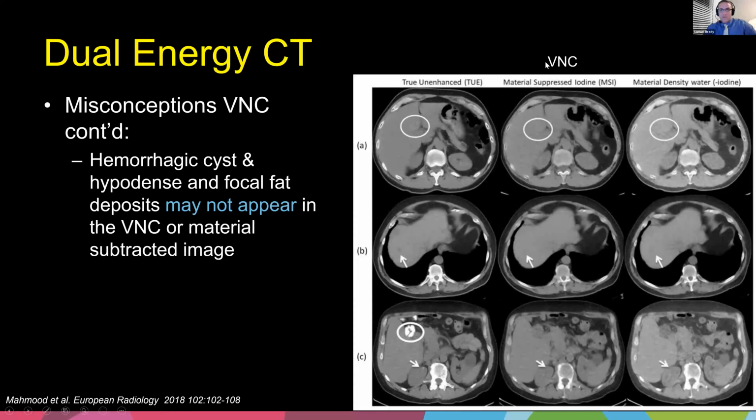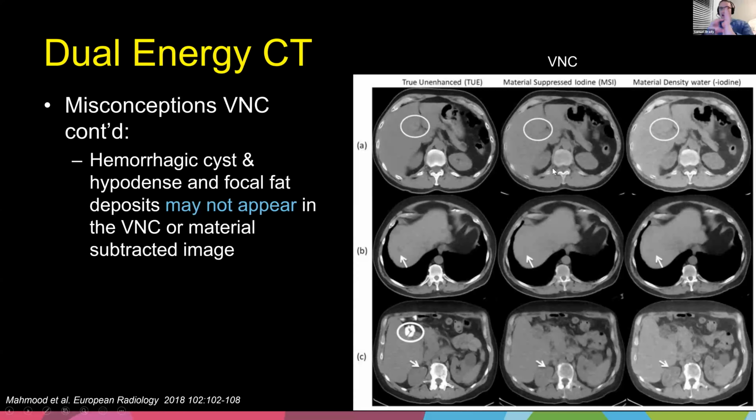But for the virtual non-contrast and the material density maps, you can't see the cysts, and it's arguable that you can see the hypodense lesion. It's maybe there, but maybe not. And then the focal fat is not present too.